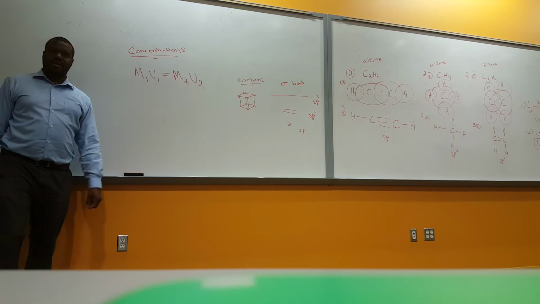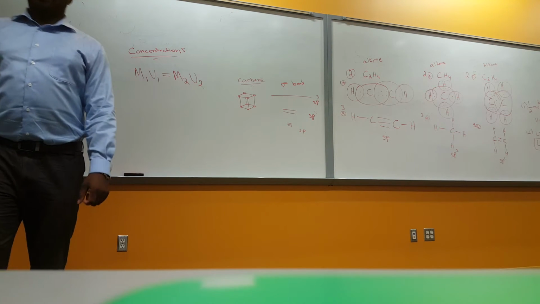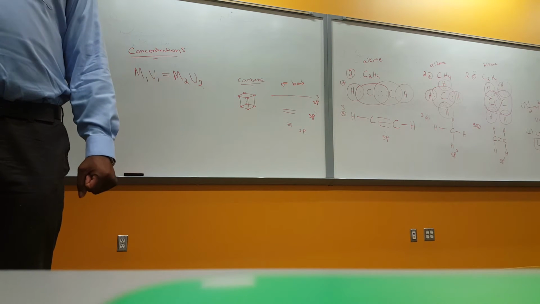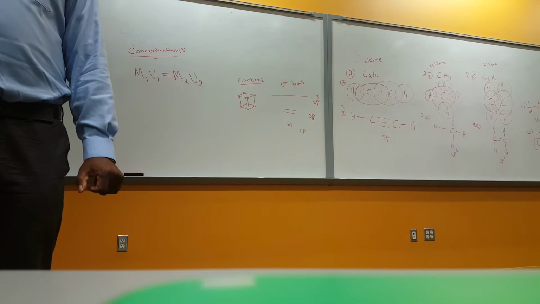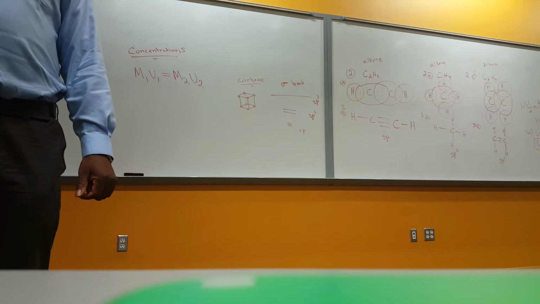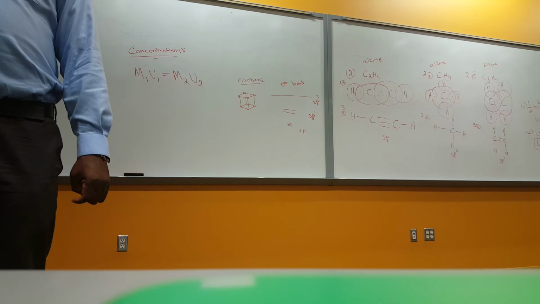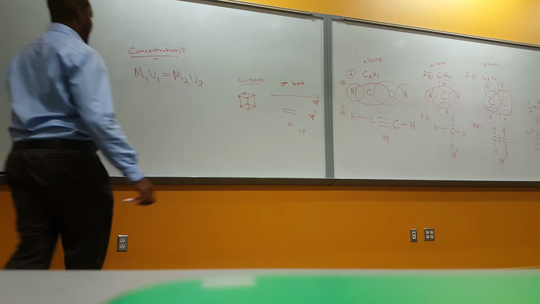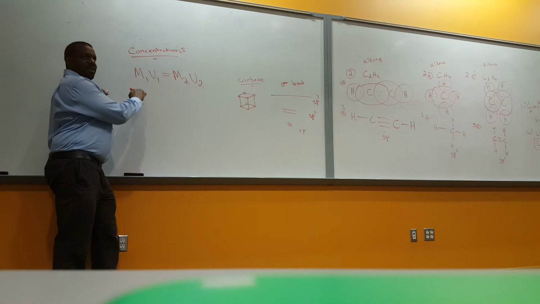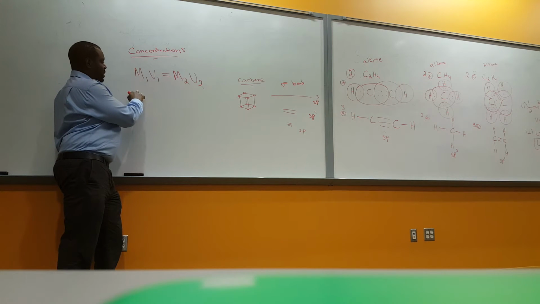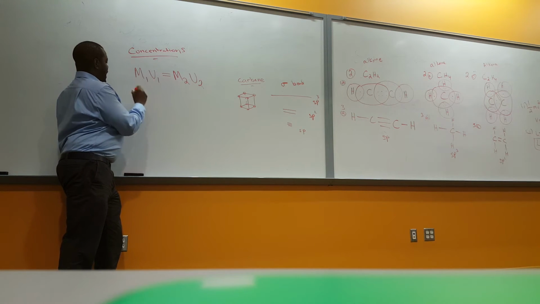What are the units for molarity? You don't know the units for molarity? Should be grams per liter, right? So molarity is grams per liter, and V is your liters, it's volume, right?